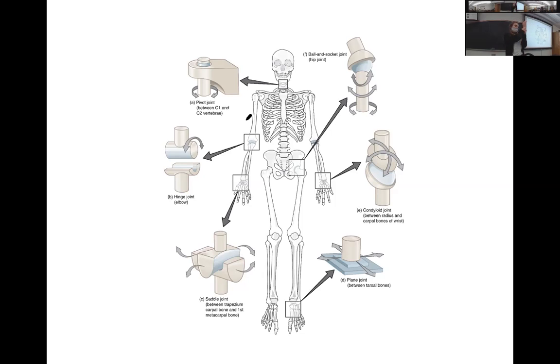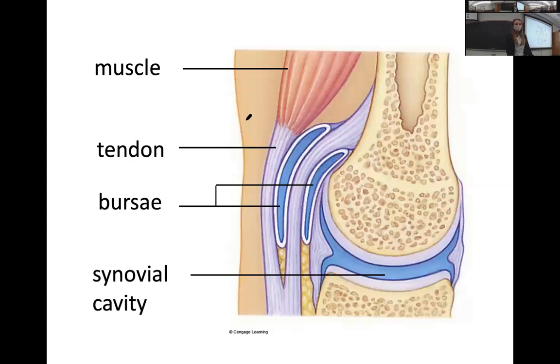So in your wrist, I can move forward, backwards. I can move side to side, but I can't move one way. So we can try that as well. And then your plane joint between your tarsal bones in your foot, so you can point, flex, you can invert and evert your ankle and things like that. So those are the different types of joints.